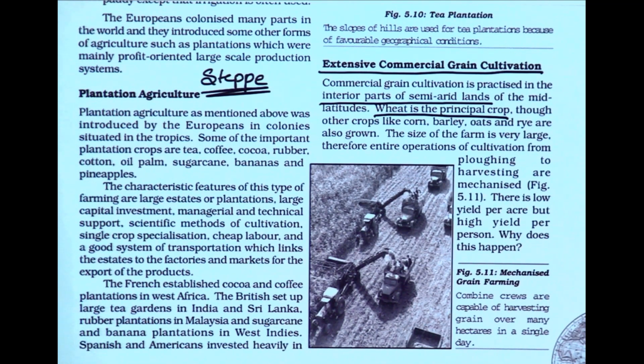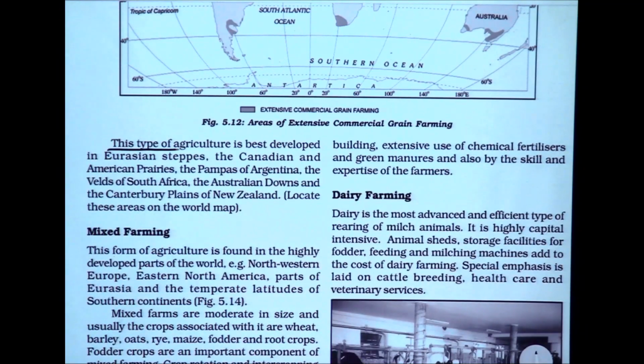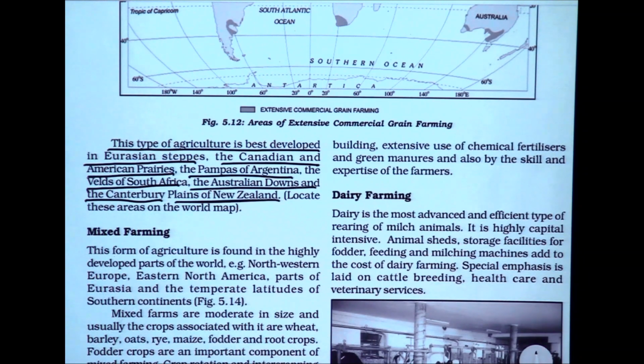Wheat is principal crop and the crops like corn, barley, oats, rye are also grown. Farms are very large and therefore entire operation from plowing to harvesting is mechanized. This type of agriculture is best developed in Eurasian steppes, Canadian American prairies, pampas in Argentina, veld in South Africa, downs in Australia, Canterbury plains in New Zealand.